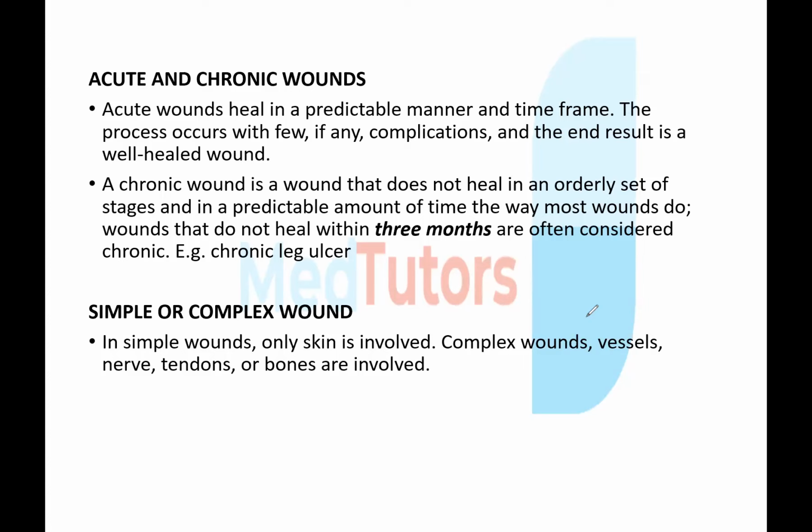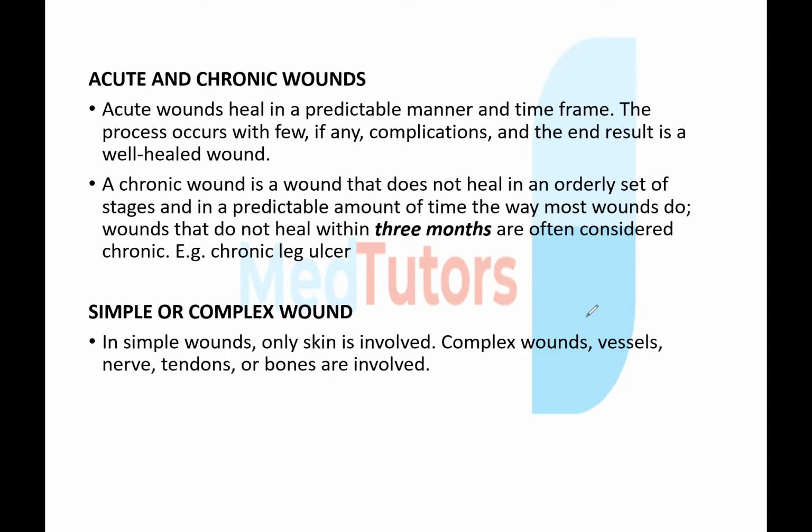The process occurs with few, if any, complications, and the end result is a well-healed wound. But chronic wounds do not follow the orderly sequence of wound healing, okay? A chronic wound is a wound that does not heal in an orderly set of stages and in a predictable amount of time, the way most wounds do.